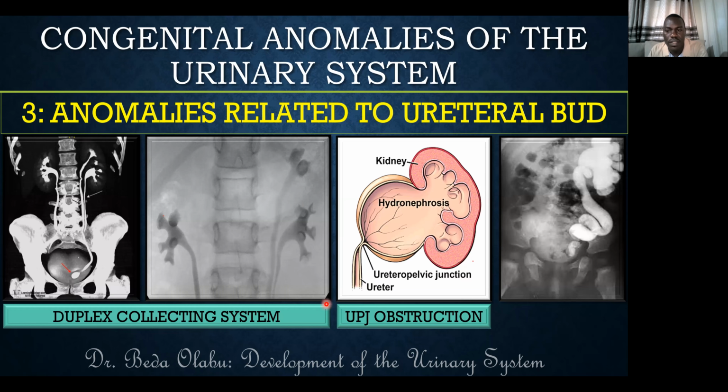Compare this size and that size, or compare the possible size that we would have expected on the right with the size that we're seeing on the left. What did you say? Hypertrophied.